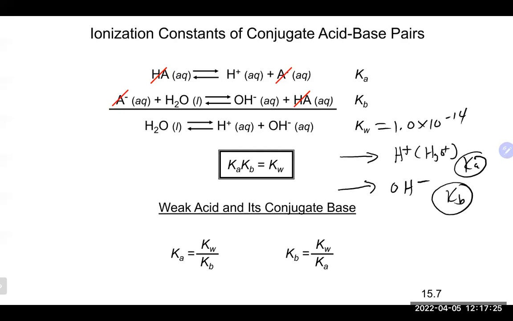That's a really good way to know which to use. It also gives you a pretty good indication of what the solution should be. If you are producing H plus or H3O plus on the product side, it should be in the acidic range in terms of the pH. And if you're creating hydroxide on the product side, it should be in the basic range in terms of pH.